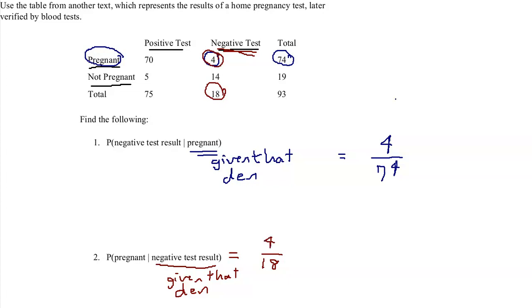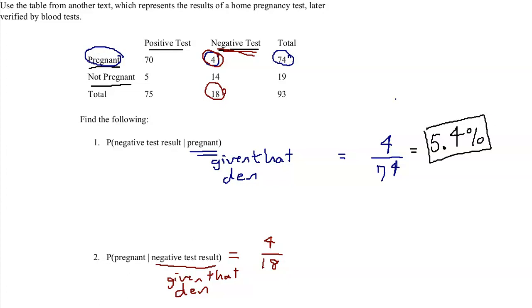Let's actually, I haven't done this yet, but let's actually put this in the calculator and get some percentages. The percentage of pregnant women who got negative test results is about 5.4%. Tiny percentage of pregnant women got the wrong result.